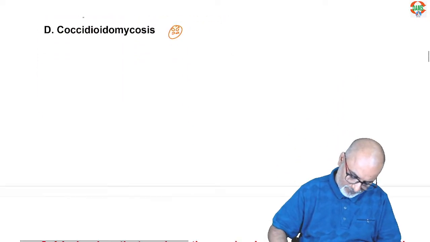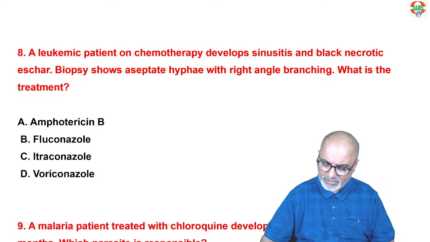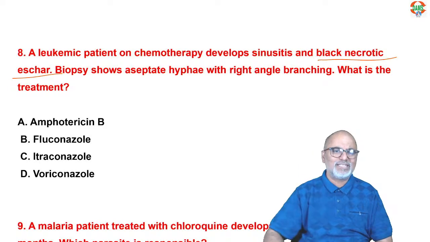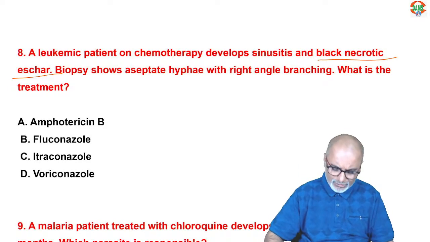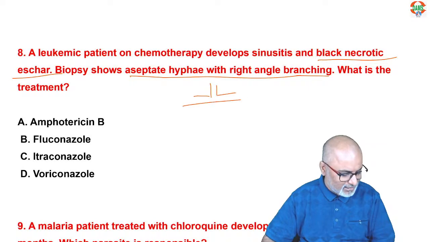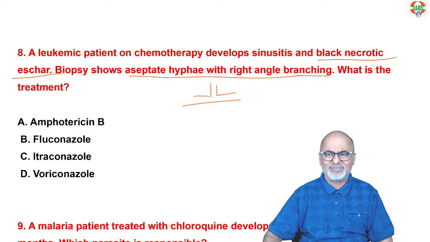Next is a leukemic patient on chemotherapy who develops sinusitis and blocked nose with necrotic eschar. As a dentist, you can easily tell. Biopsy shows aseptate hyphae with right angle branching. Aseptate hyphae, right angle branching, nasal crest, black discoloration. Who is that?